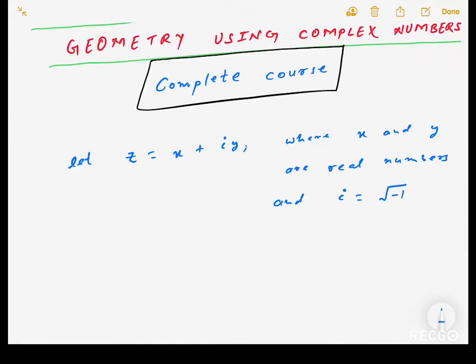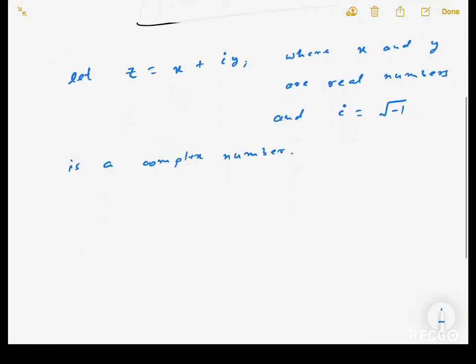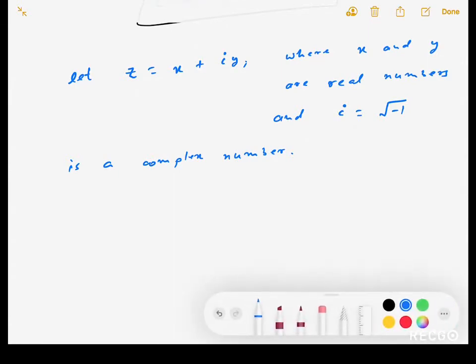But the imaginary part does not mean that y has to be imaginary; it is called that because it is associated with the iota.